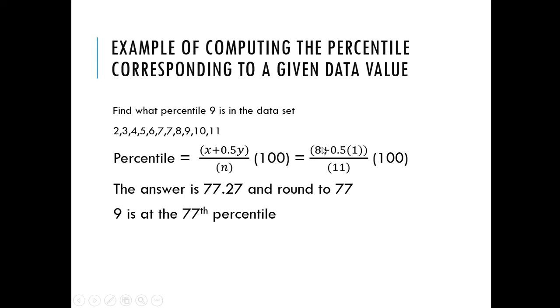You only see it once, so Y is 1. And N is the number of data values in the data set: 1, 2, 3, 4, 5, 6, 7, 8, 9, 10, 11. So it's 11. Then I times that by 100. The answer is 77.27, and I'm going to round to 77 because the 0.27 doesn't round it up. So 9 is at the 77th percentile, and that's how you do them.